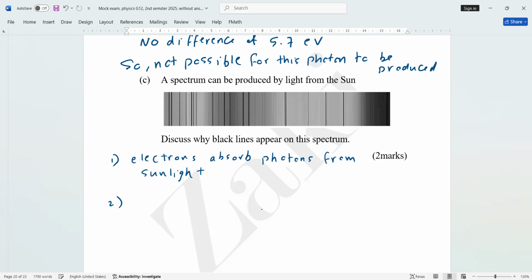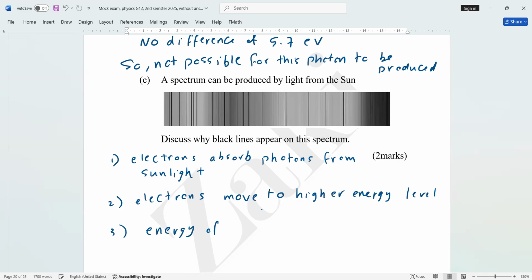Part two, the electron moves to a higher energy level when it absorbs. Number three, the energy of the photon equals E final minus E initial, because it is absorbed.